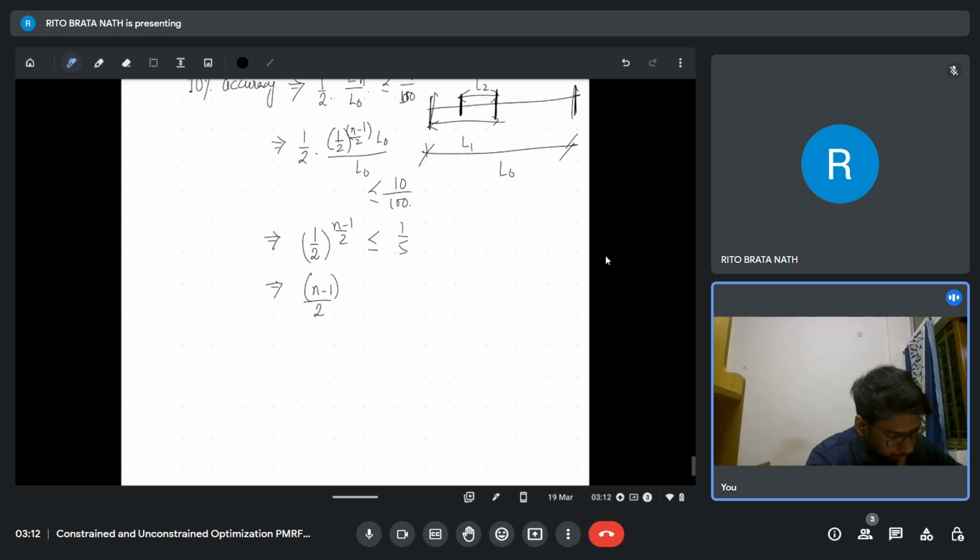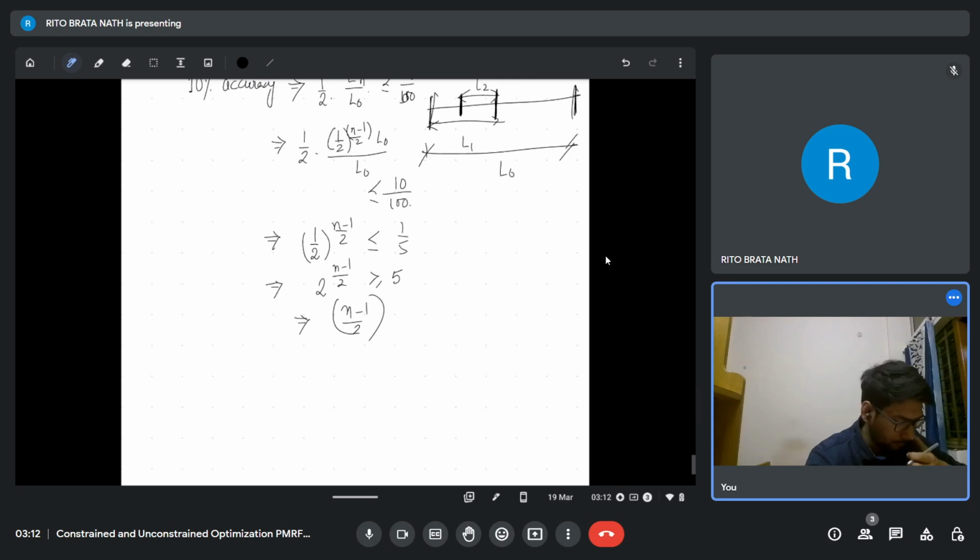Let's reverse it, so that should be easier to do. So that is 5. Then that means n minus 1 by 2.